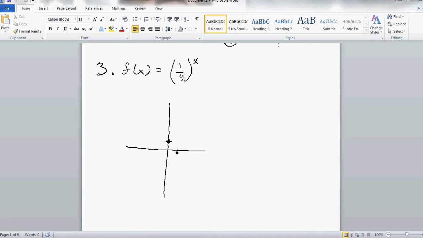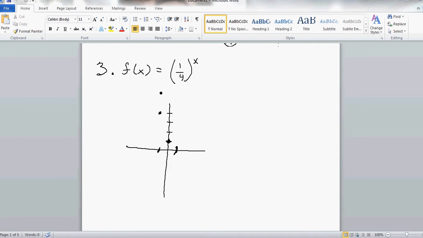Well, here at 1, if we just plug in a value, 1/4 raised to the 1 is 1/4. So that's going to be there. And it's just going to get progressively, very quickly, closer and closer to 0. Coming back here to the -1, well, 1/4 raised to the negative first power simply means take the reciprocal of this. So that means at -1 it's going to be 4. So we've got that point.